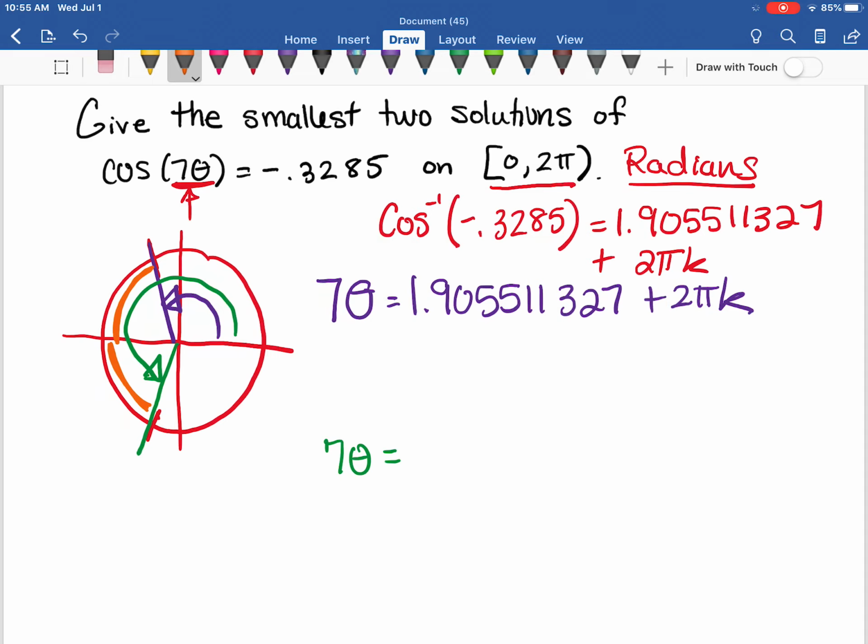So I'm going to take pi and subtract 1.905511327. And so this orange angle is going to be 1.236081327. Which means this orange angle here is the same by symmetry, so I'm going to take pi and add 1.236081327 to pi.